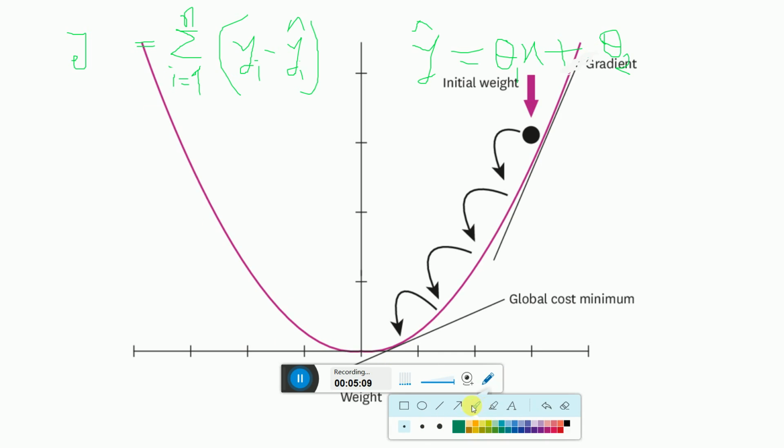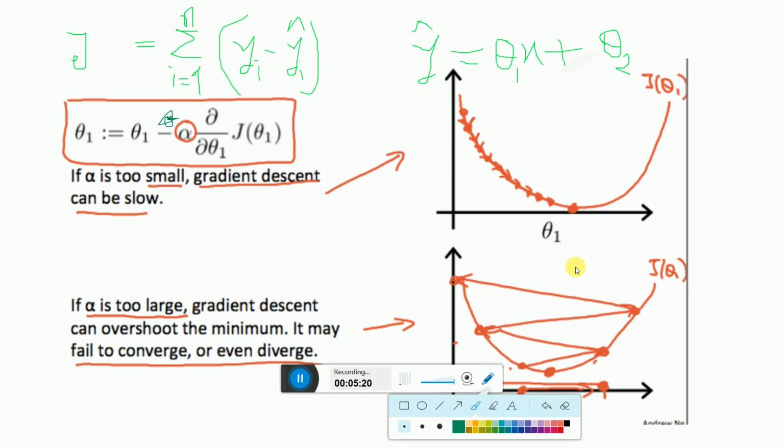So this is the arbitrary point of theta. Now let's see this equation out there. Theta 1 equal to theta 1 minus alpha times the partial differentiation of J of theta 1 with respect to theta 1.